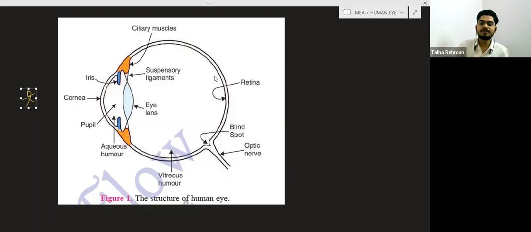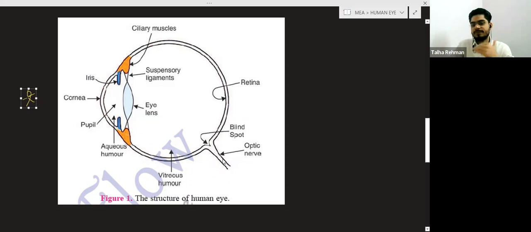When the image is formed on the retina, the image is in the form of light. So when the light falls on the retina, these light sensitive cells get activated, and these light sensitive cells are known as rods and cones, that we will discuss later. Rods and cones get activated, and there is one region here.